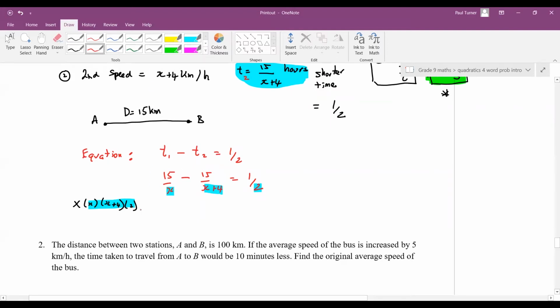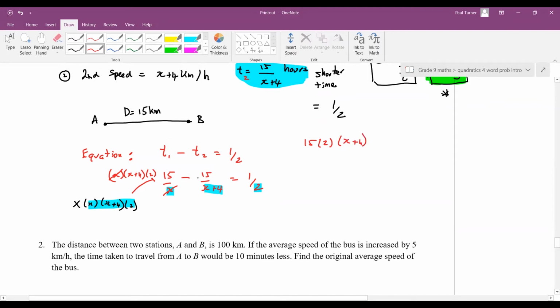If I do that to this one here, the x will cancel, won't it? I should write it out: x plus 4, 2. So that x will cancel that one there. So you're going to end up with 15 times 2 times x plus 4.